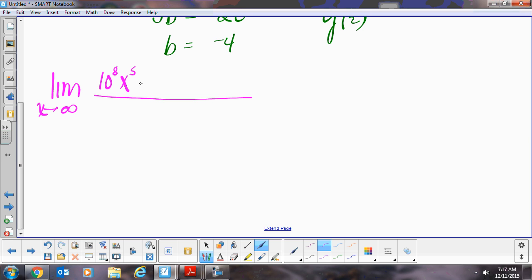Horizontal asymptotes. How many people knew that? If you knew you were looking for a horizontal asymptote, since it's multiple choice, could you have used a shortcut? And what would the answer have been? It would have been 0. And why would it have been 0?